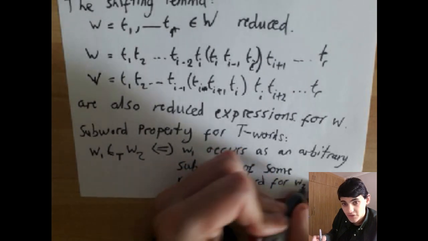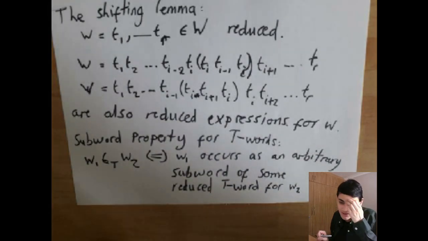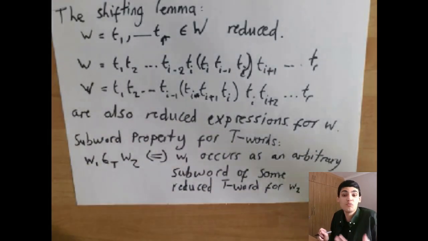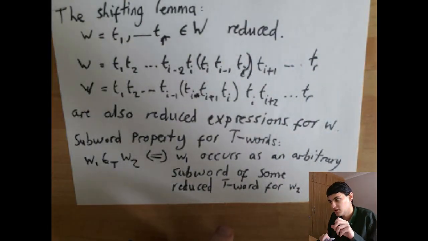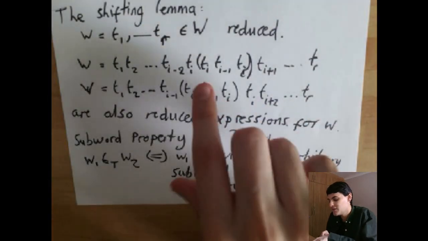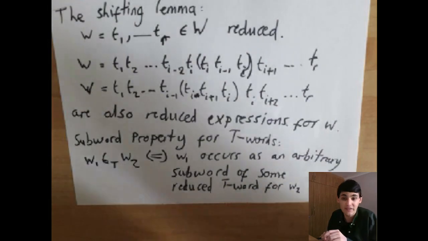So what's that saying? Well, it's saying that you have a subword property, but because of non-uniqueness, you need to consider that you might have to use the shifting lemma to shift some elements around, hence the name.